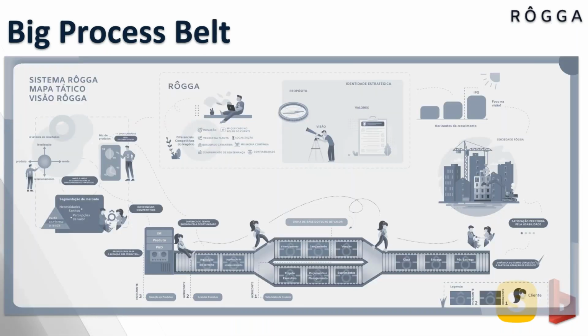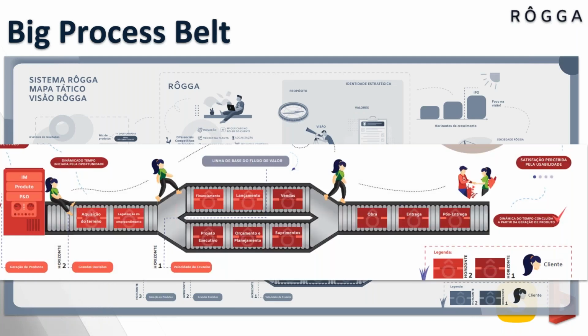And here we have the big process belt of our company, with all the milestones where we generate value. Looking more deeply, we highlight when and where Solibri generates impact in our process belt. So you can imagine how important Solibri is for us; it is strategic.